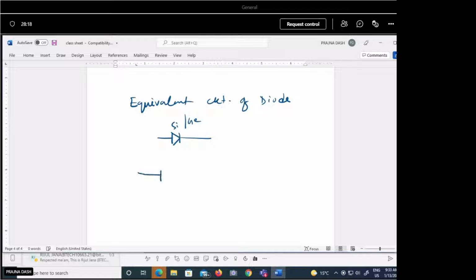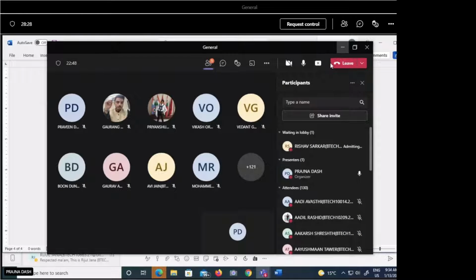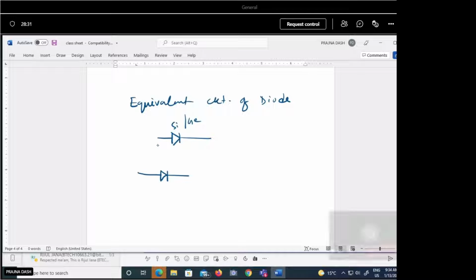The circuit should behave like this diode. We know the ideal diode is just a switch. As the diode is offering some resistance, we can represent some resistance also. And before that we need to represent some voltage drop across the diode also.